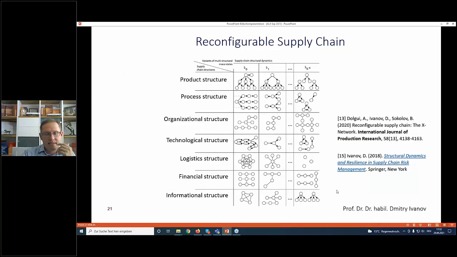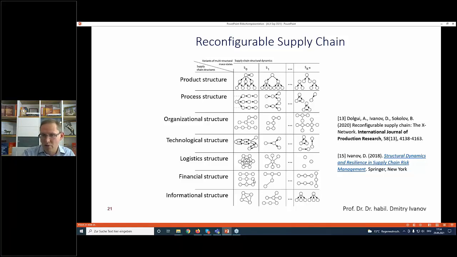And this is something what we named reconfigurable supply chain based on the theory of multi-structural systems, structural dynamics control. Here we can review supply chains as multi-structural systems which are composed, of course, of a network of suppliers, factories, and distribution centers. But we also introduce other structures like technology structure, logistics structure, financial structure, like inflation.